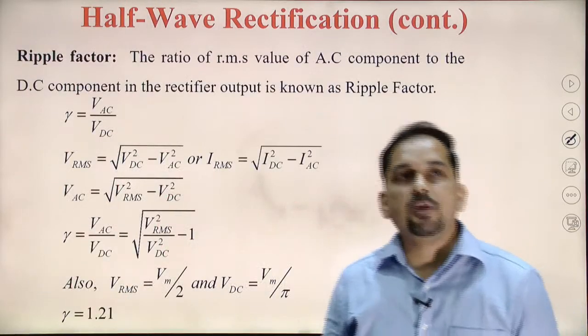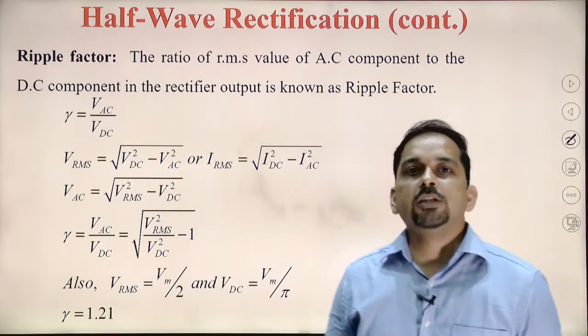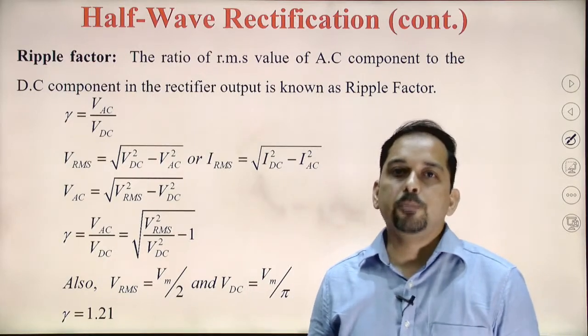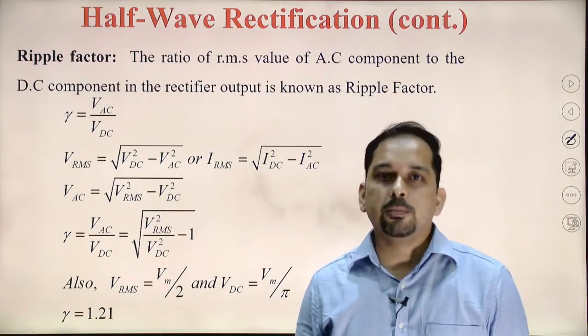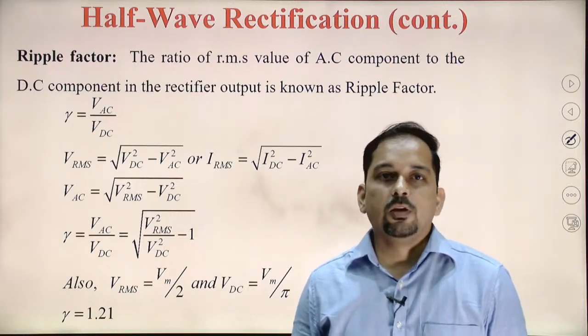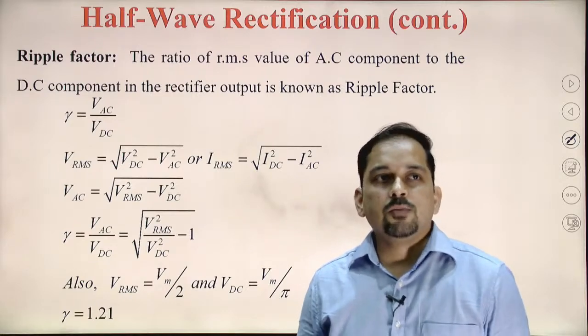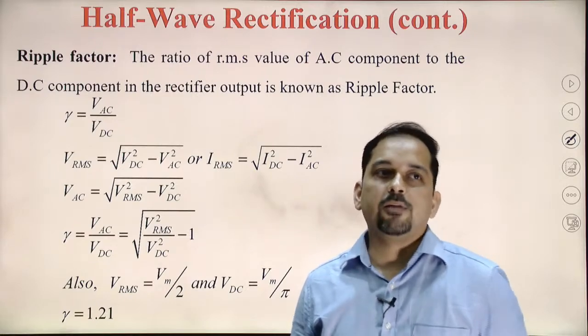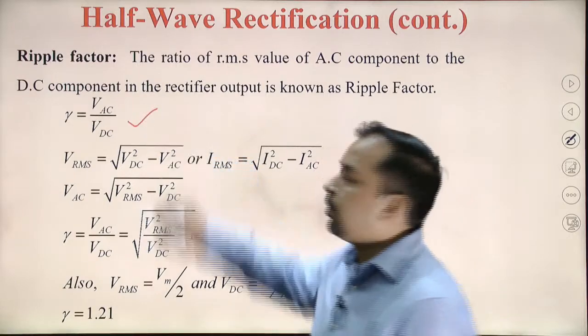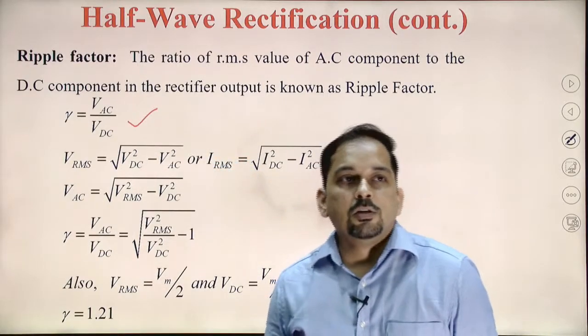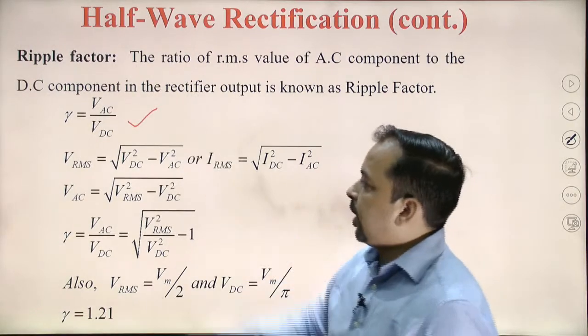Now we have the ripple factor. Since we are getting a DC superimposed on the AC component, there are some ripples present in the output waveform, which is measured by the ripple factor. Generally we calculate the ripple factor as the ratio of the AC voltage to the DC voltage.